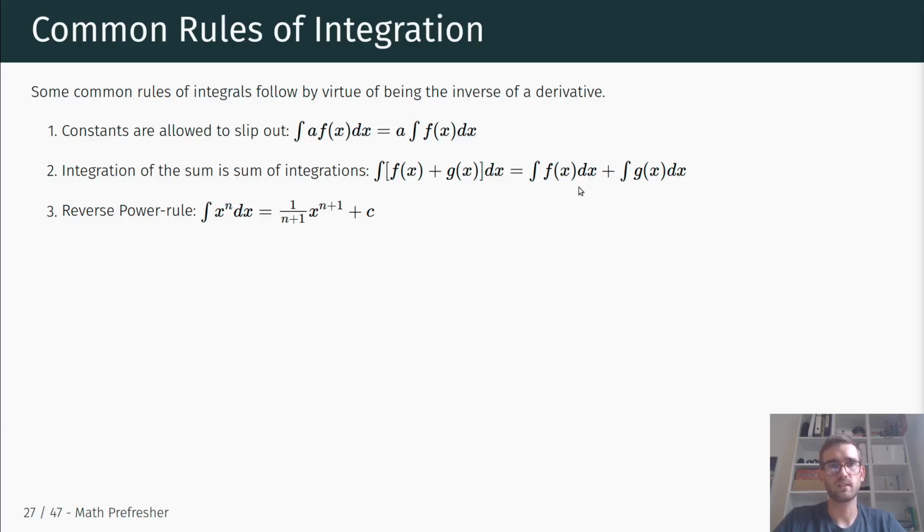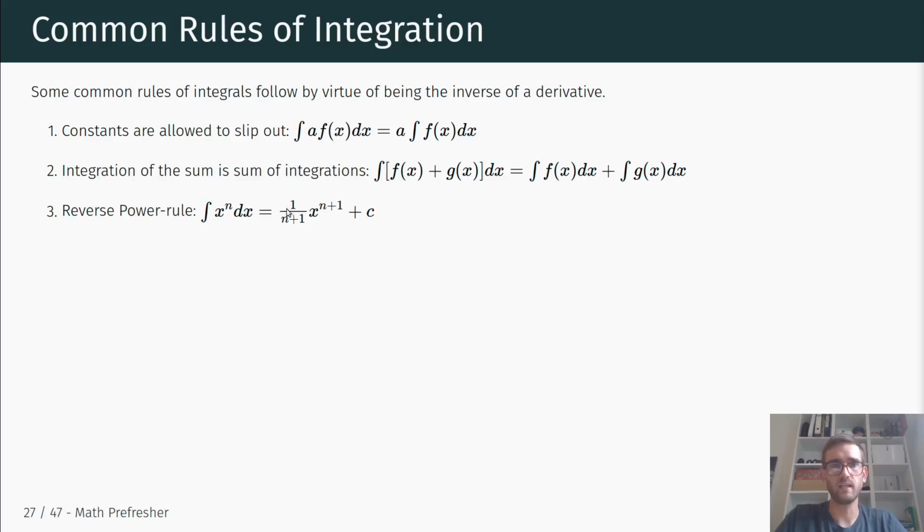We can also use the reverse of the power rule. So if we take the integral of x to the power of n with respect to x, we know that in order to backtrack the logic of the power rule, the integral of that has to be 1 over n plus 1 times x to the power of n plus 1 plus some constant c, because if we take the derivative of this term and apply the power rule, we'll see that the derivative would be n plus 1 divided by n plus 1 times x to the power of n.